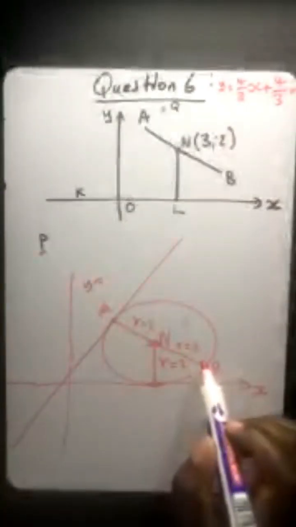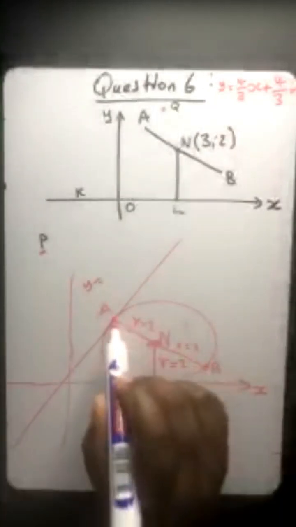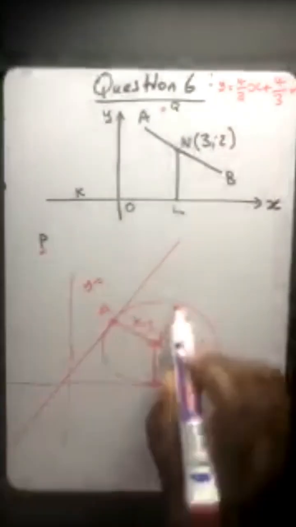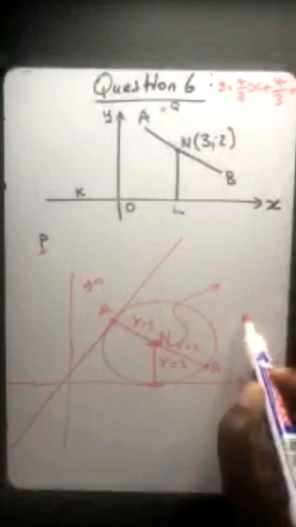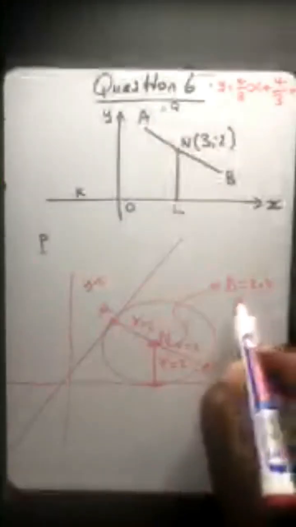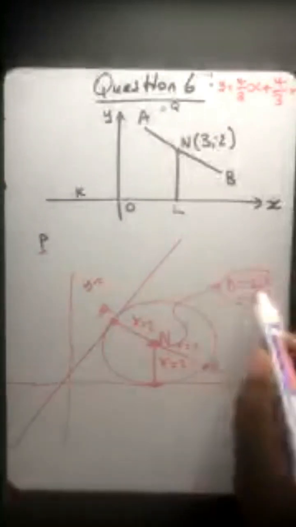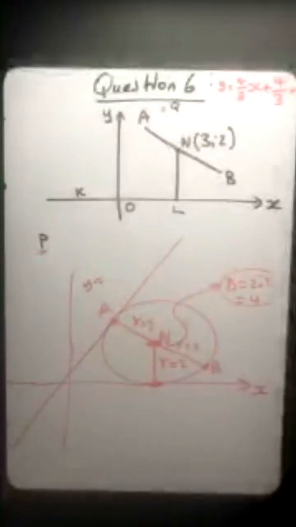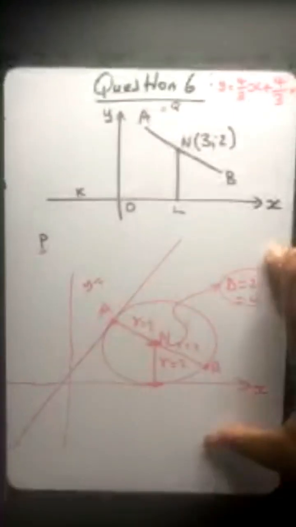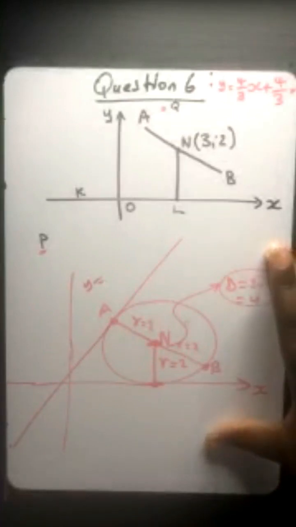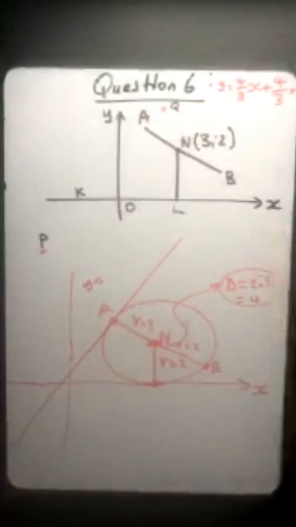Then you know as a mathematician that from A to B is your diameter, D, which is 2 plus 2, which equals 4. Before you start looking at the questions, this is how you need to quickly interpret what has been given to you in that statement. So we are now very quickly about to answer those exam questions.